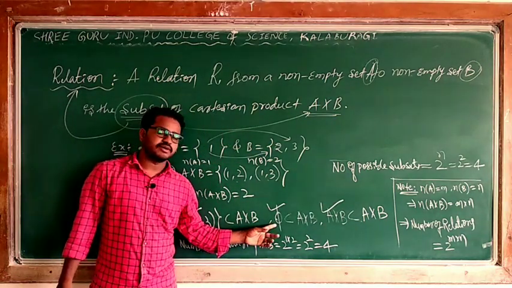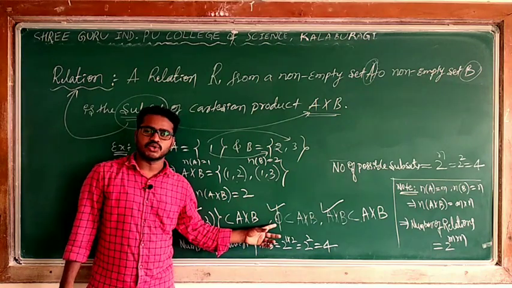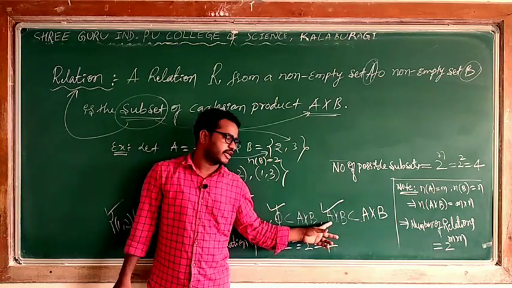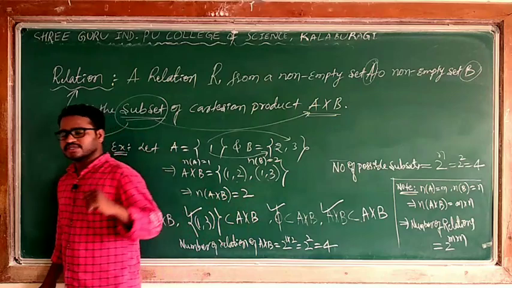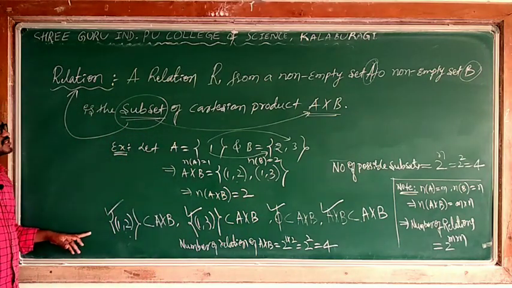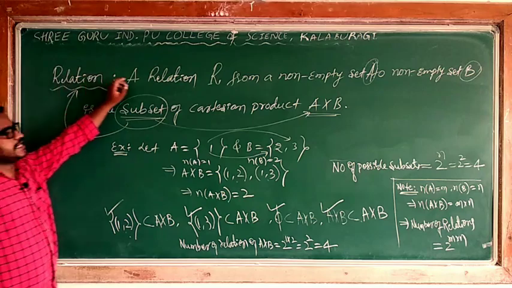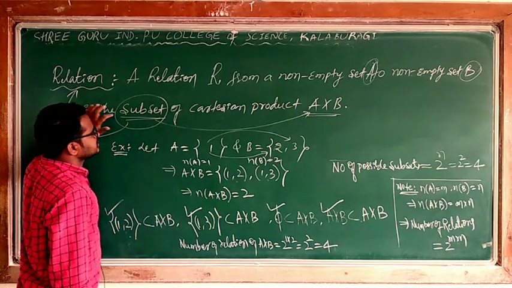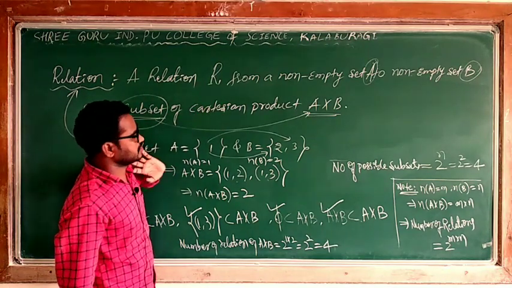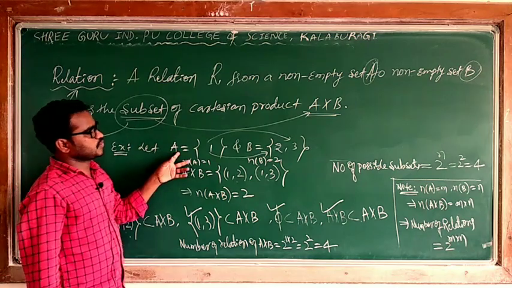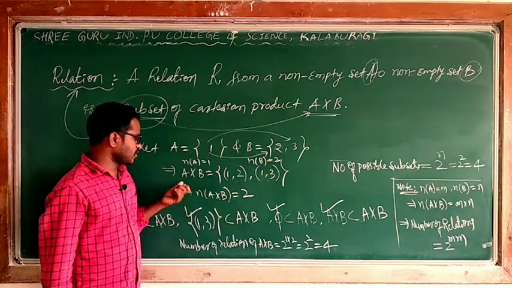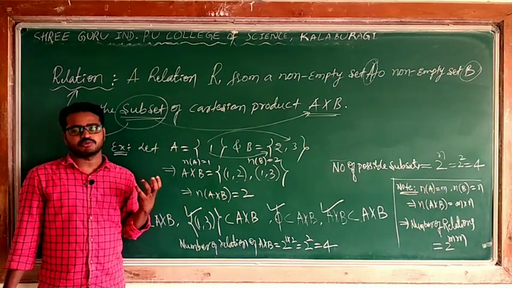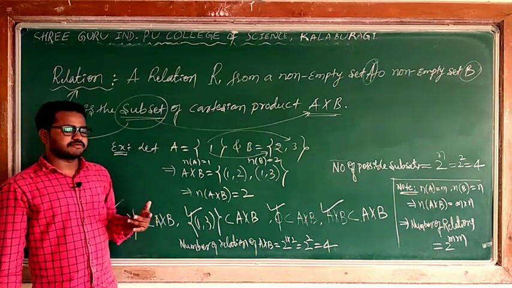Whenever the relation is equal to empty, that is considered an empty relation. When the relation itself is A cross B, in that case it is a universal relation. That is different. A relation R from a non-empty set A to a non-empty set B is a subset of the Cartesian product A cross B. I took A as 1 element and B as 2 elements, and using this I got A cross B with 2 elements. When we say every possible subset of the Cartesian product is a relation, how many possible subsets can we form?